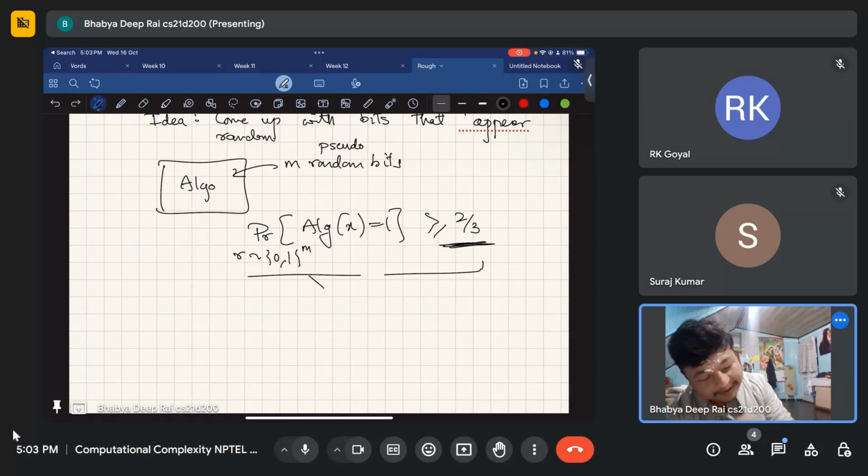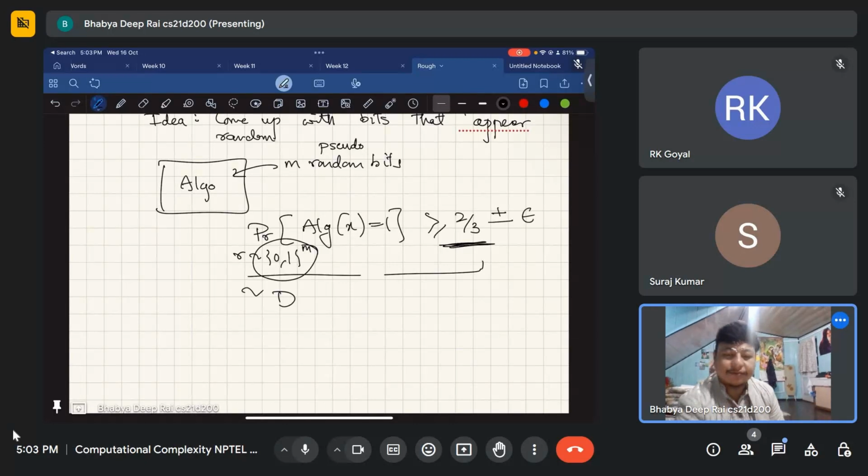R is sampled from another distribution D, which is pseudo random, which I come up with, and the probability now changes. The acceptance probability changes by some epsilon. But now what I can do is the error amplification trick, right?